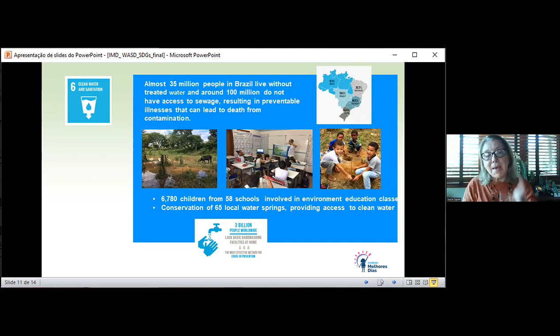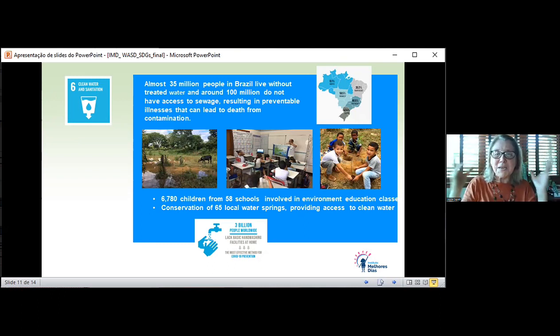So we had to map and talk to the landowners and convince them that it was important to let us provide that water spring would be properly protected.